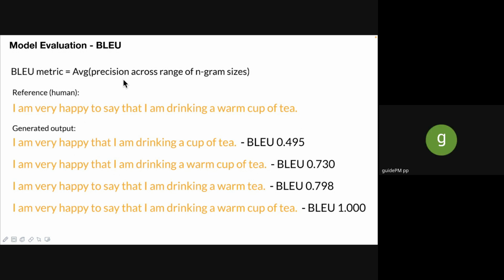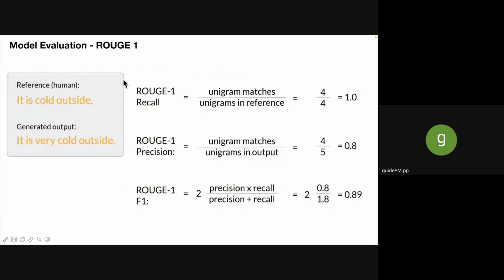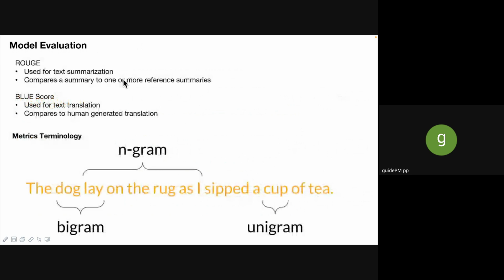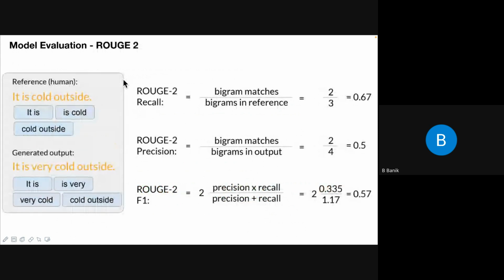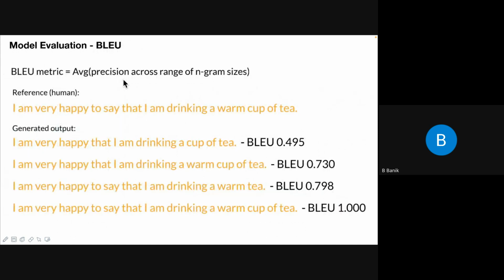You're asking how the BLEU score changed in the previous case? You see, given a statement or prompt here, there are n-grams, bigrams and unigrams. In the BLEU score calculation, each generated output is a little different from the human reference.